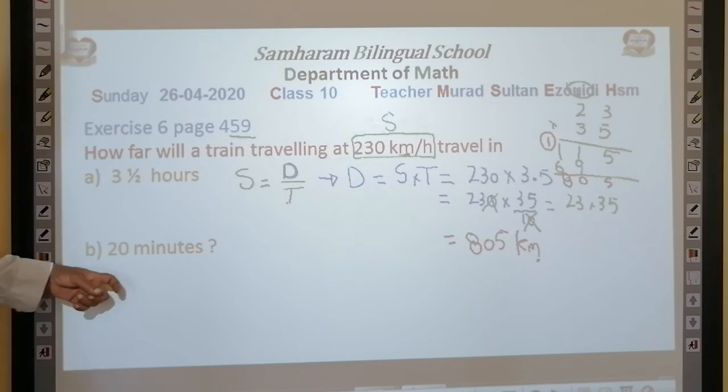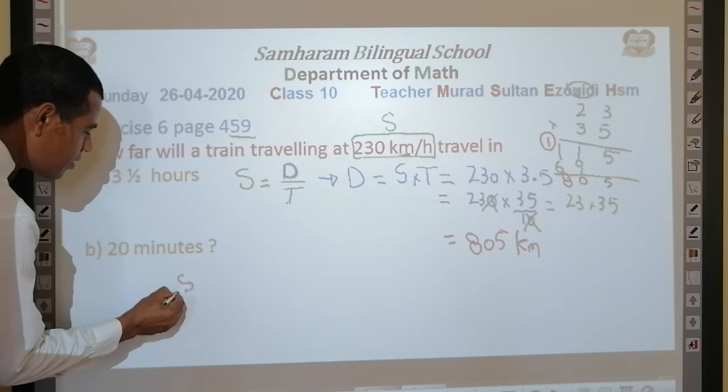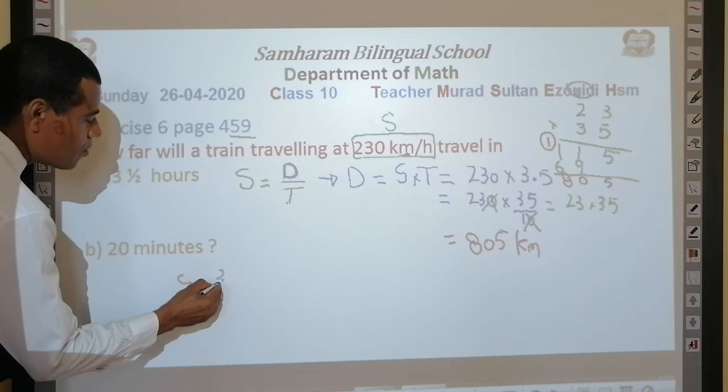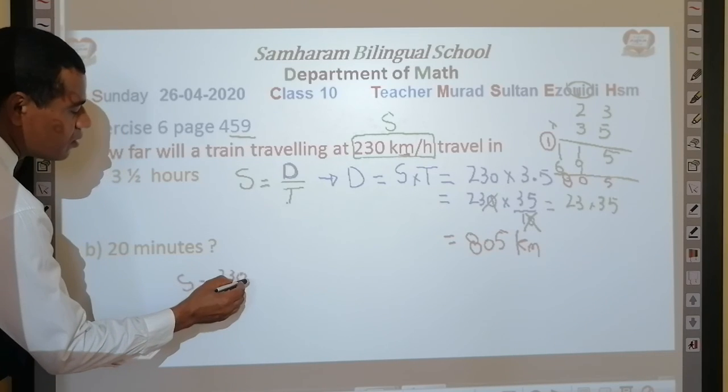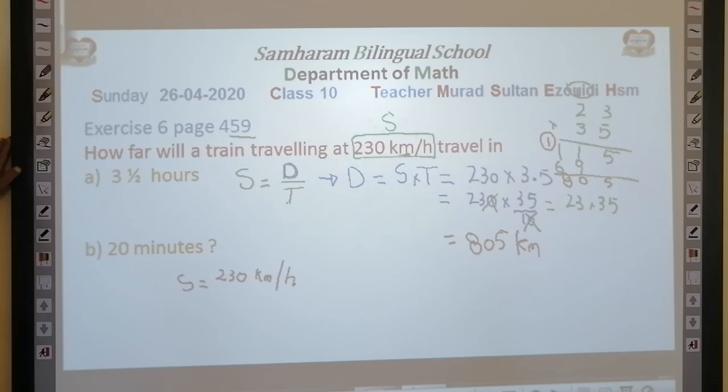The next, in 20 minutes. In 20 minutes, the question is, try to work out how far the train traveled in 20 minutes. So look here. The speed is what? Is 230 kilometers per hour.